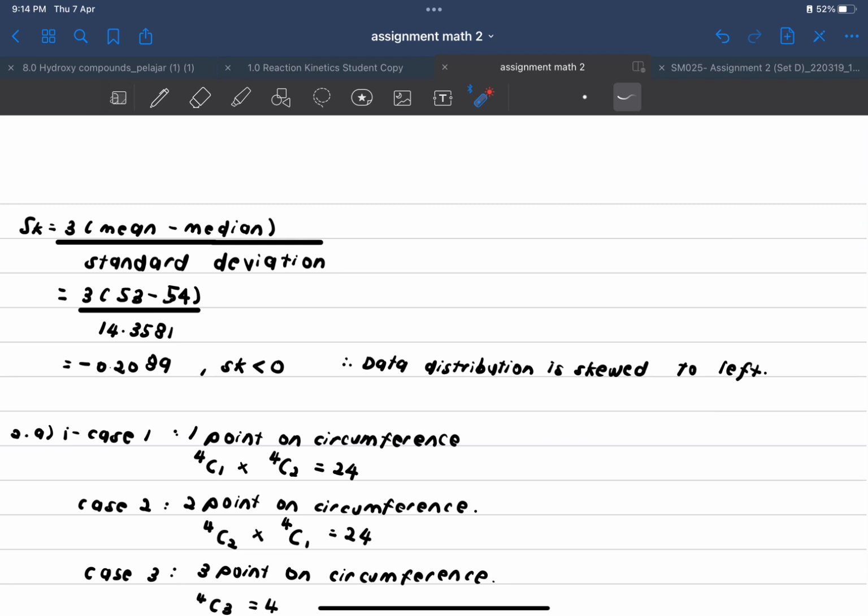So we substitute the values: 3 times (53 minus 54) divided by 14.3581. So we will get the final answer, which is negative 0.2089. We can see here the value of SK is less than 0. So what we can conclude here is the data distribution is skewed to the left.